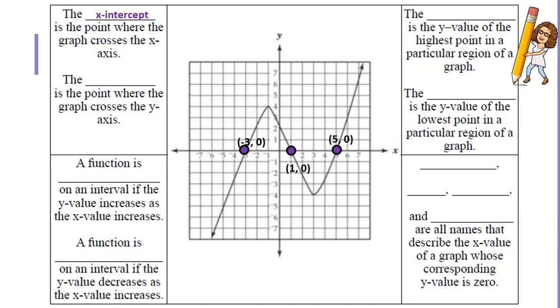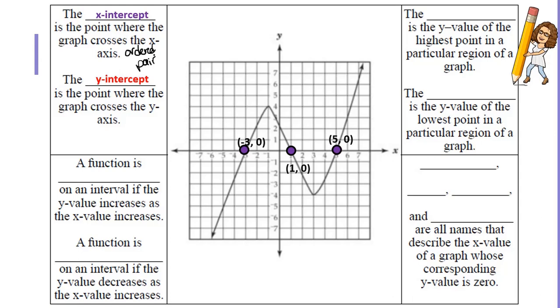Now notice how those are ordered pairs. Your x-intercept should always be an ordered pair. Okay? Never x equals -3, because that's not an x-intercept. An x-intercept is an ordered pair.